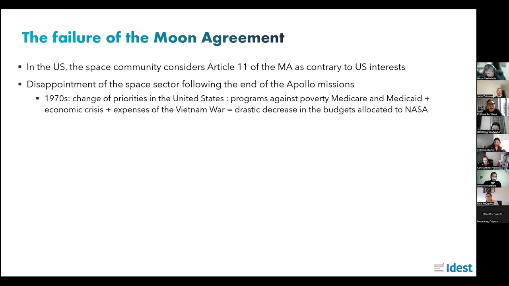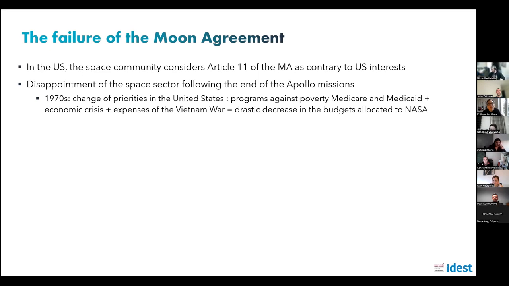Activities on the moon are too expensive, and in fact, the US went to the moon just to show that they were better than the Russians. So there was no real objective behind it other than communication and marketing. They went to the moon to say we are the best.